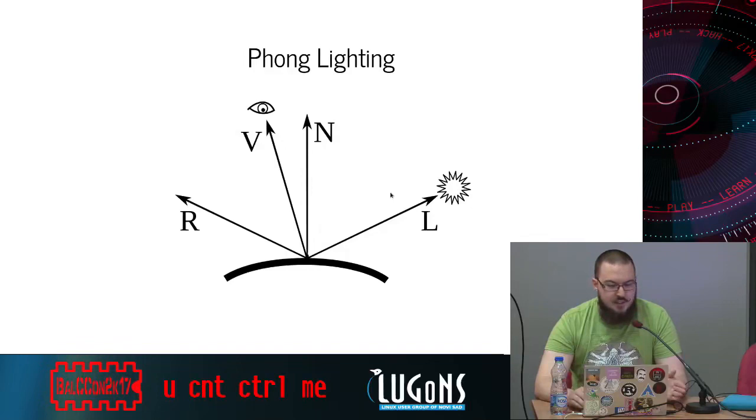You have the diffuse color. The diffuse color is calculated by how much light hits the surface without actually involving the eye, our viewpoint where we are. How much light hits the surface is just calculated by the angle between the vector pointing to the light and the surface normal.